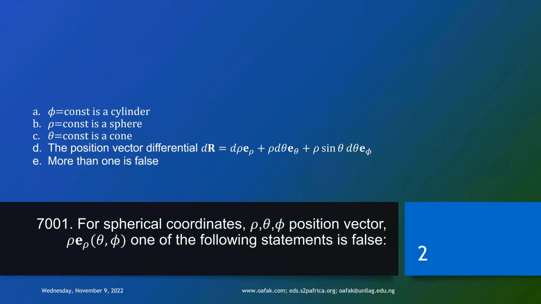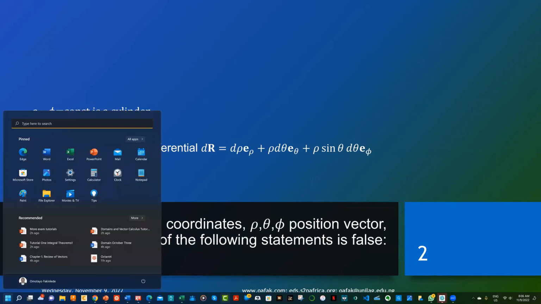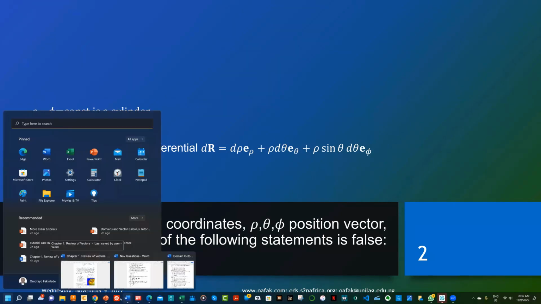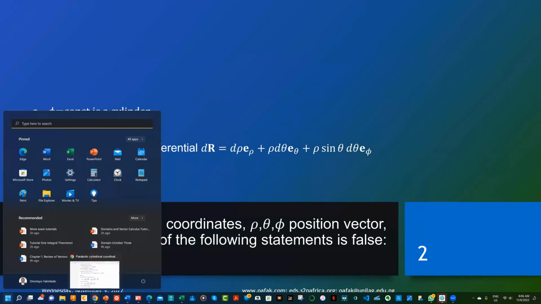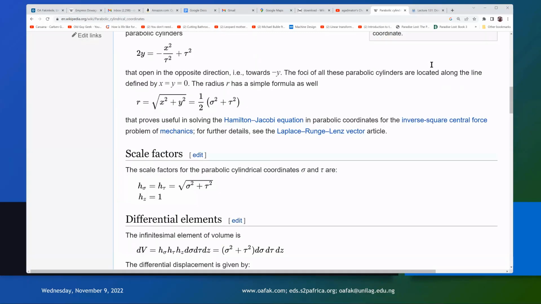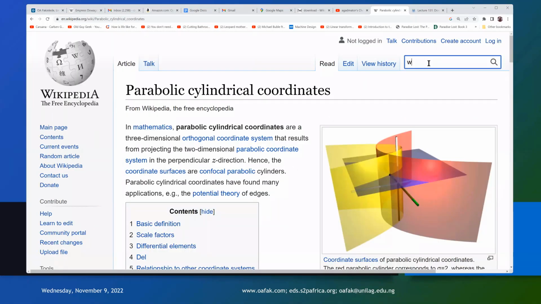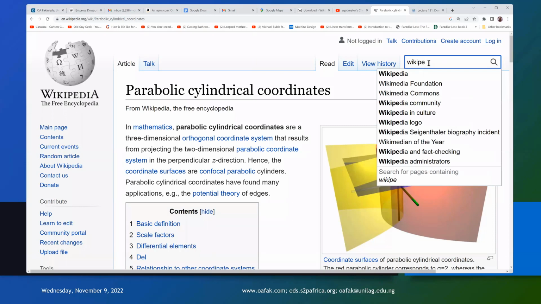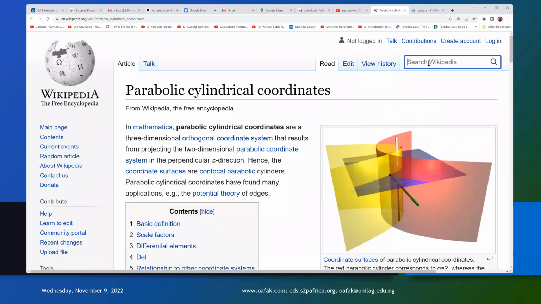Well, let me see whether I can show you something here. Since you are all in error, I better show you. If you go to Wikipedia, that's the easiest way to get this information. And you go to spherical coordinate.